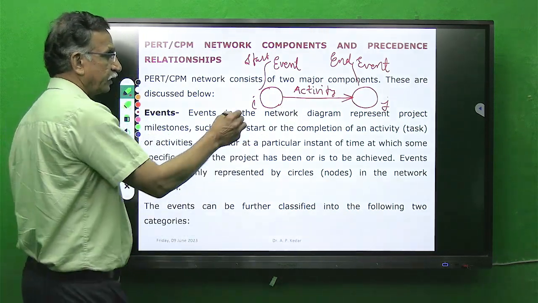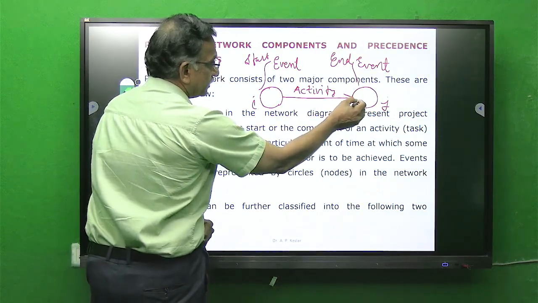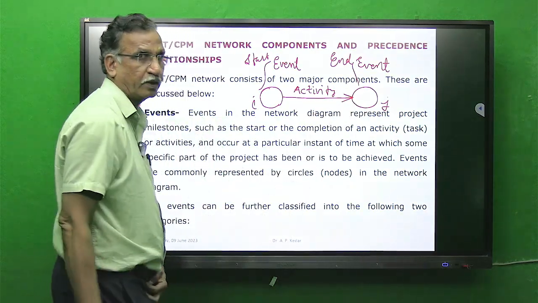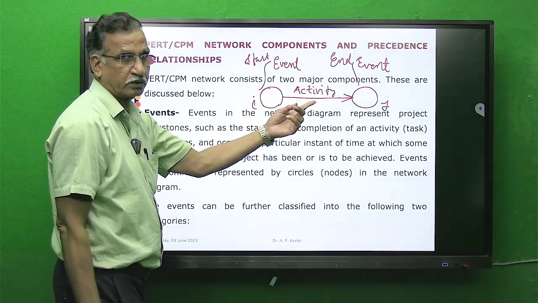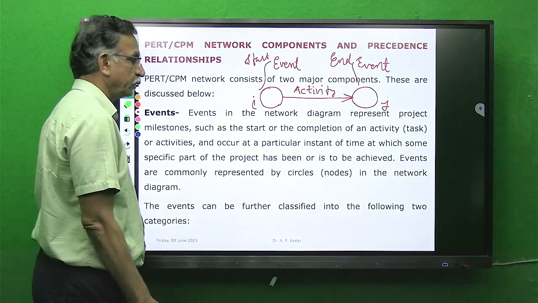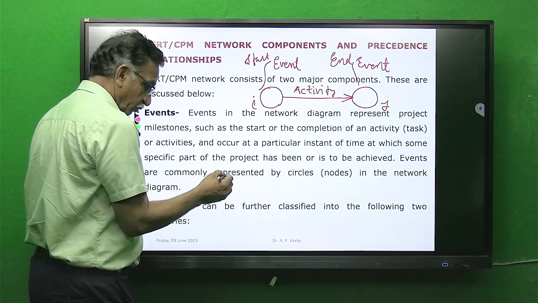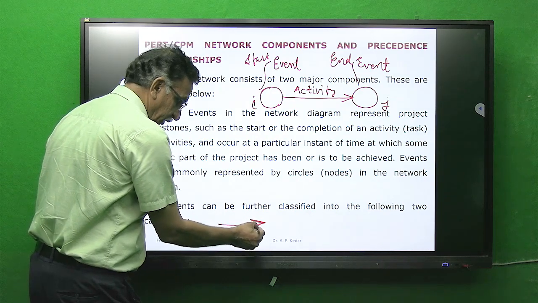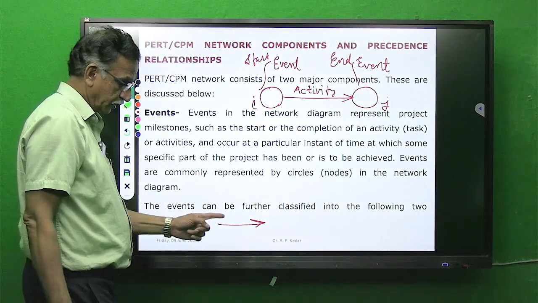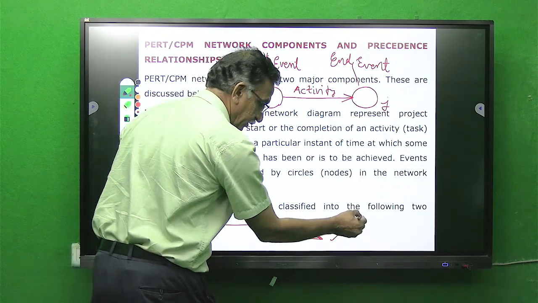So the activity starting point is I, the activity end point is J. The activity name is given above the arrow, that we'll see. But remember, for the time being, what I am emphasizing is activity by a straight line arrow, like this, like this, like this.